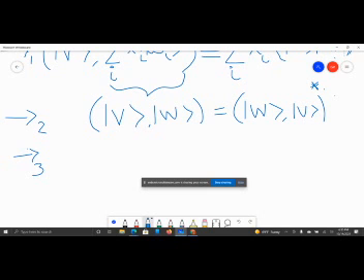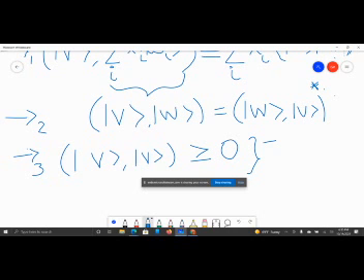And finally, we can come to the property concerning their norm. We've not gone into that too much yet, but the inner product of a vector with itself must always be greater than or equal to 0, and it's only 0 when v is equal to 0, that is the 0 vector.